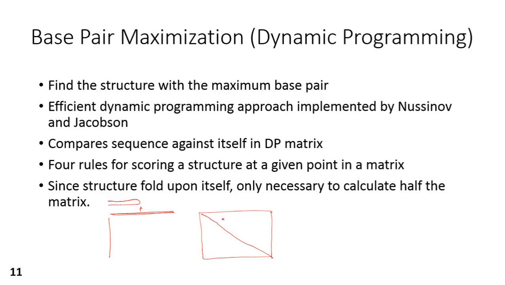You would have to focus only on half of it. Why? Because the structure would fold upon itself. So this is the reason why we have to solve only half of the scoring matrix in your RNA structure.